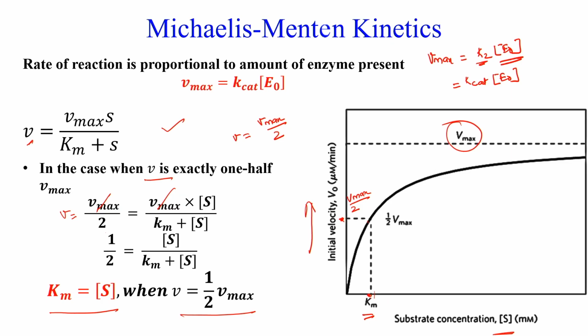So, in this way the Km is defined. Km is equal to the substrate concentration when rate is equal to half of the maximum velocity. So, if you see here, this is more or less a linear range, and this is almost a straight line or saturation.